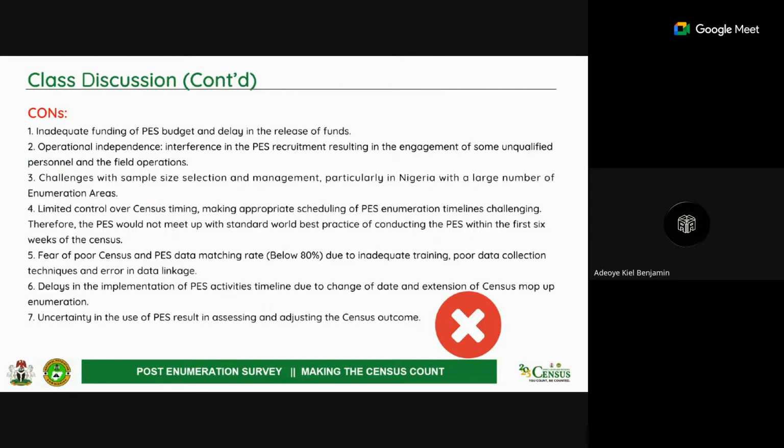We don't know, as I'm standing here. At the end of the day, once we have the PS results, we have to examine them and make sense of them, so that we are not just saying they did the PS and that is finished. Do we use it or not? So those are the cons.